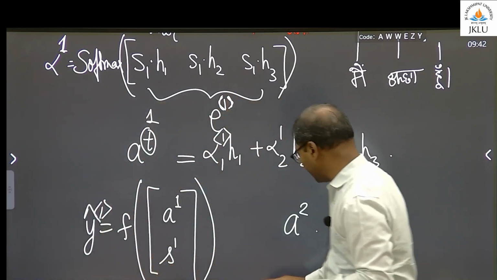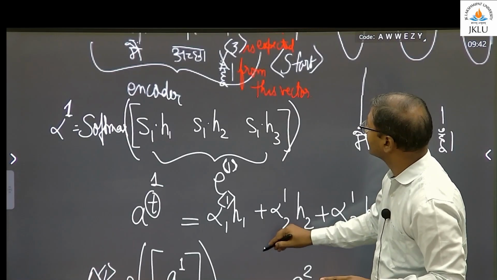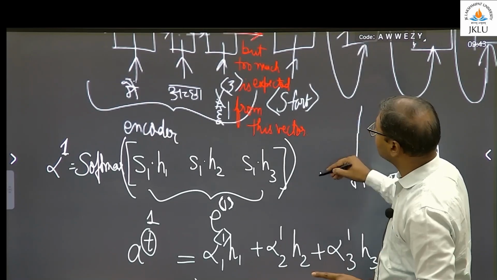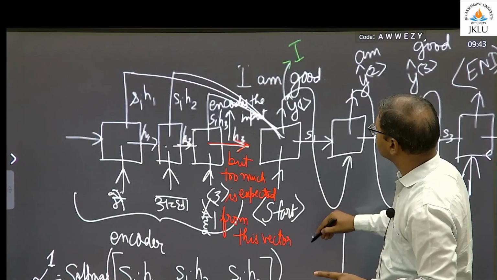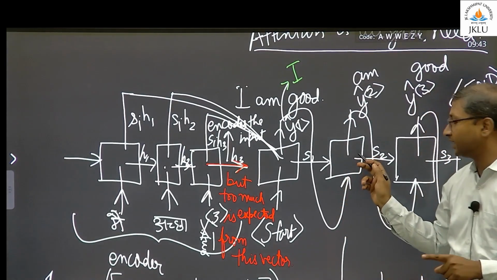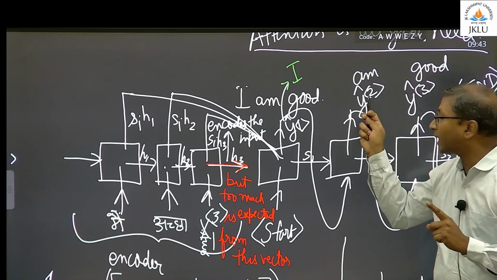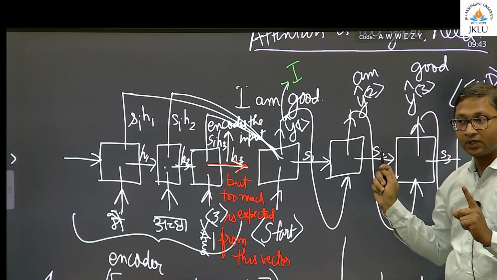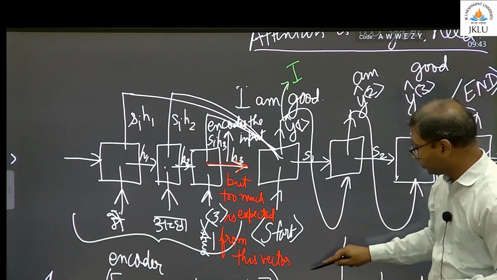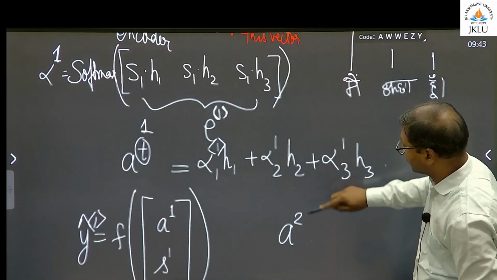So right now we are done generating "I", we are here, and this y hat depends on S2. So what will I do?